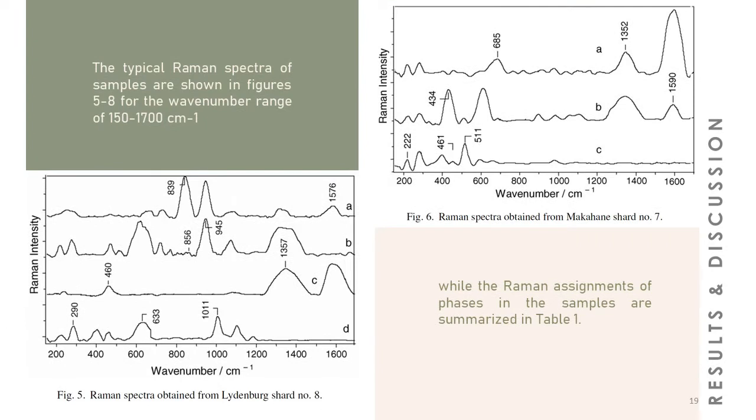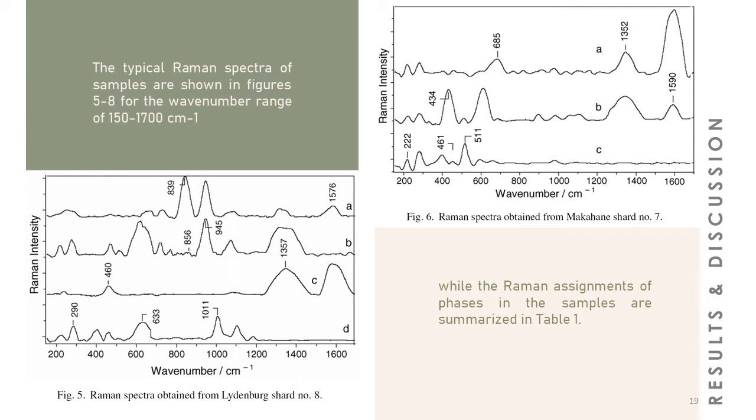Results and discussion. Leidenberg sample number 8 in Figure 5, Makahin sample number 7 in Figure 6, Graskop sample number 5 in Figure 7, and Royal sample were the representative shards. For all the samples, the obtained spectra were characterized mainly by the presence of aluminosilicates, inorganic phases, and pigments.